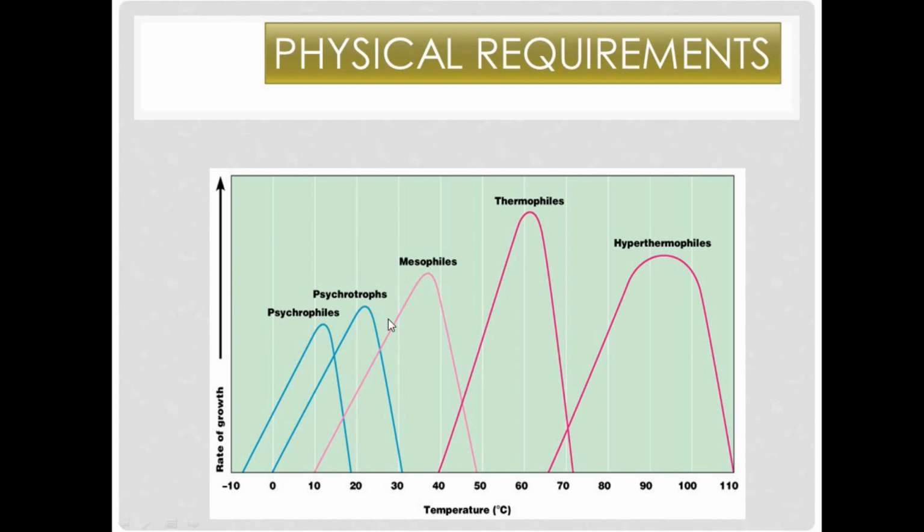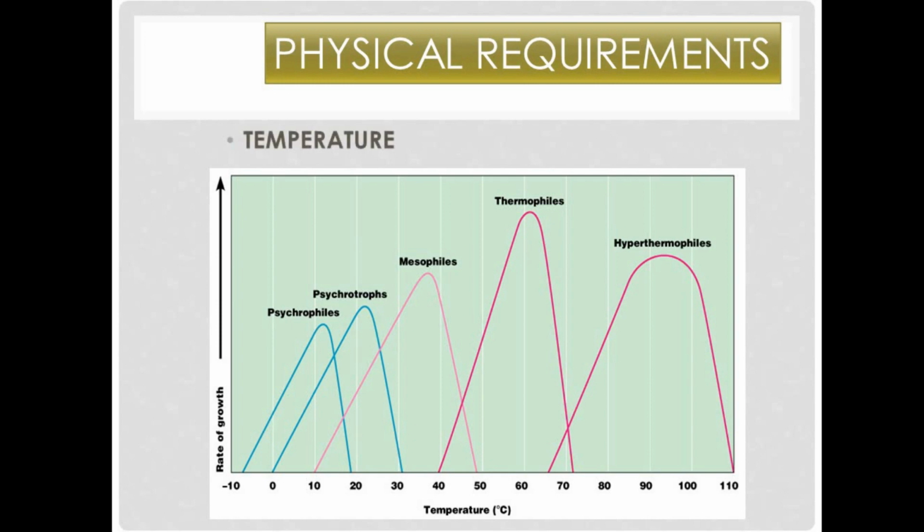We have also 0 to 30 degrees Celsius, the psychrotrophs. Then 10 to 50 degrees Celsius, the mesophiles. The 40 to 70 or 75 degrees Celsius, the thermophile microorganisms, while those organisms that live at 70 to 110 degrees Celsius, very hot temperature, we call hyperthermophiles.